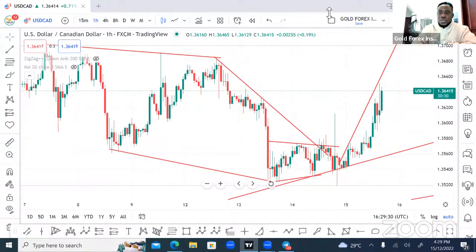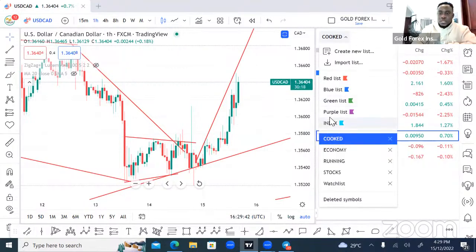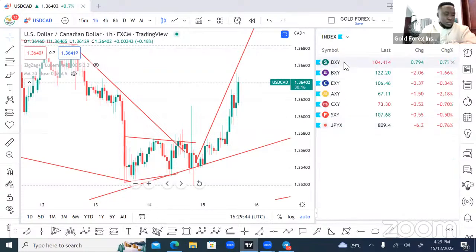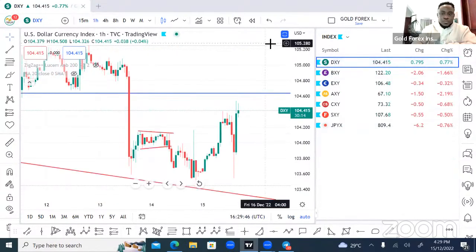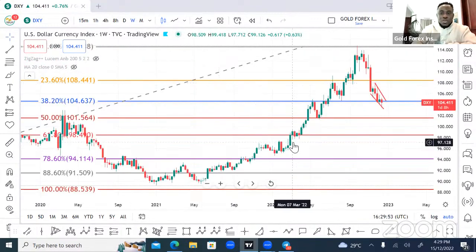Now, the DXY is still in a bearish trend on the weekly time frame, so let's go to the DXY index. Now, on the weekly time frame, we are still with the weekly time frame.